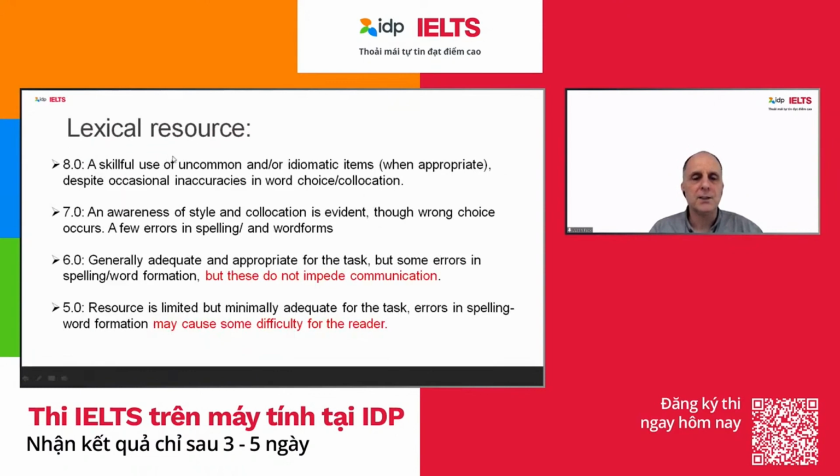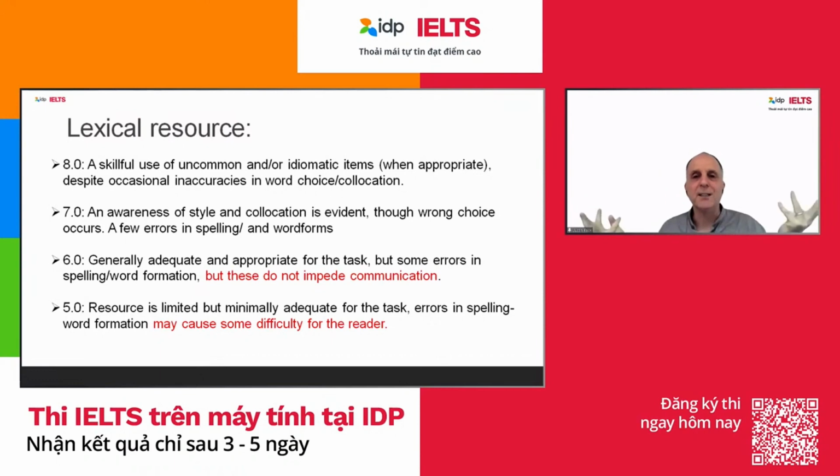Now, some of the lexical resource. Be careful about using idiomatic items. There are, for example, things like state of the art. It's obviously an adjective phrase, slightly idiomatic, but it doesn't mean something like saying once in a blue moon.